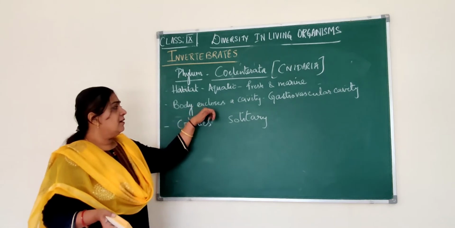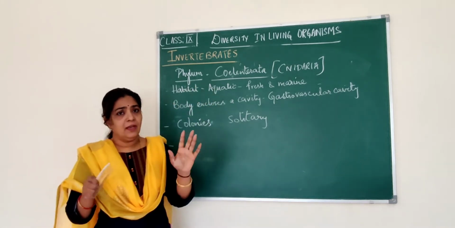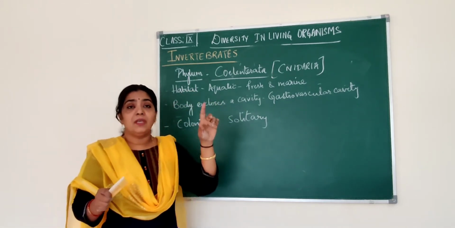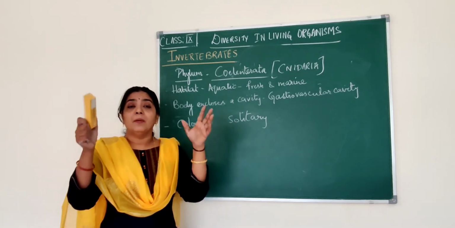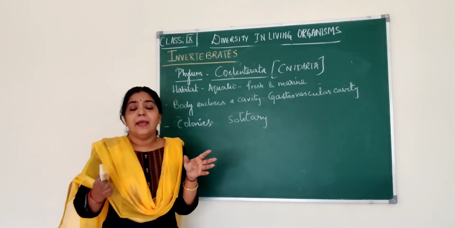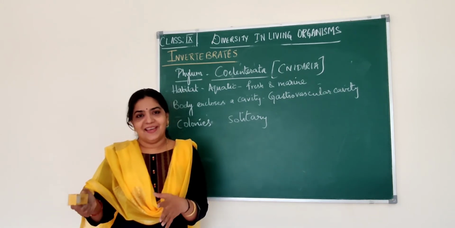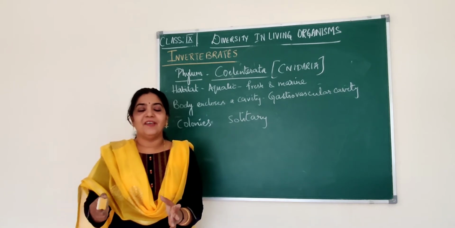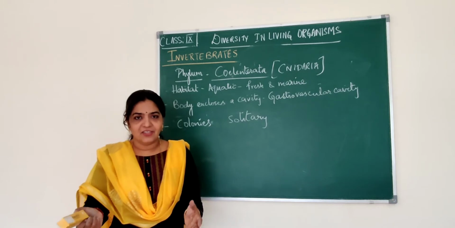I told you that sponges have a cavity. That cavity is completely different from the cavity we see in the phylum Coelenterata. The body of the Coelenterata encloses a gastrovascular cavity. Gastrovascular cavity means something related to the digestive system or circulatory system.